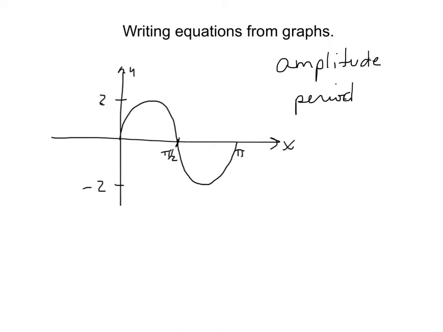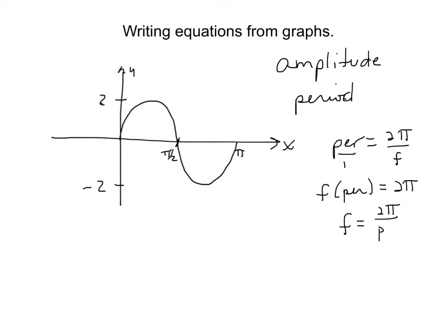Keep in mind, the period is equal to 2 pi divided by the frequency. And so if I do a cross product here, I will tell you that the frequency times the period equals 2 pi, which means then that the frequency will be equal to 2 pi divided by the period.